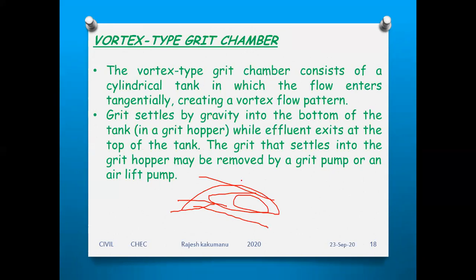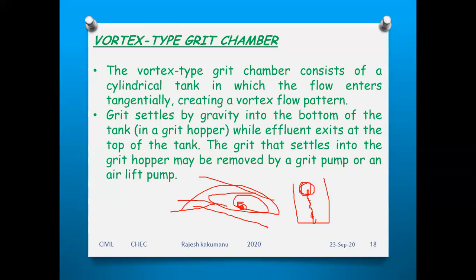Next, the grit settles by gravity into the bottom of the tank. Whenever it is moving in a vortex flow, turbulent flow, the suspended particles come to the center and go down to the bottom of the tank, settling down by gravity, while effluent exits at the top of the tank.